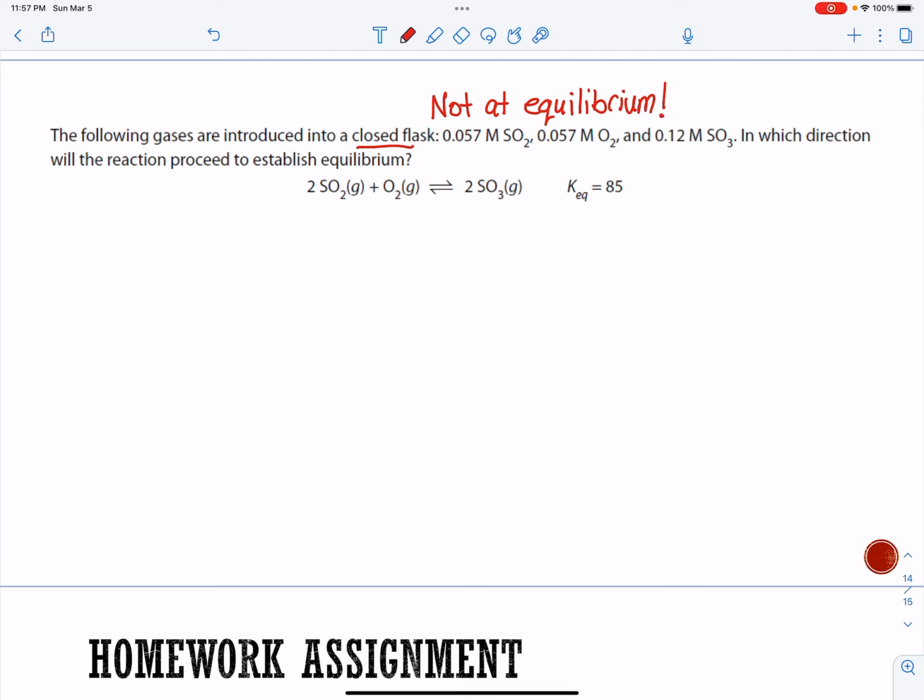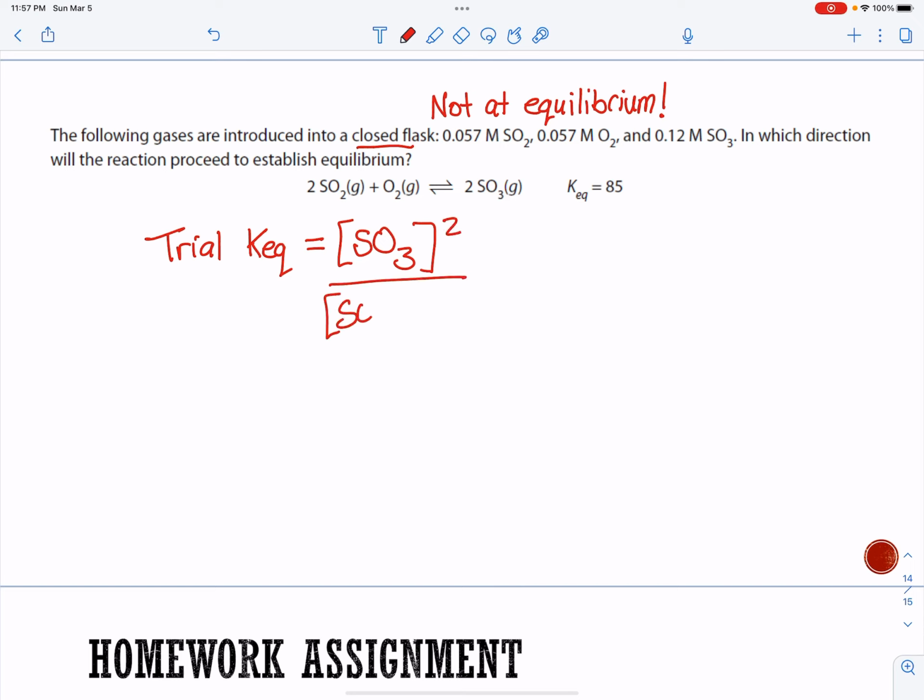So we're going to calculate a trial KEQ. And our trial KEQ is the same as a KEQ. We're going to take our products over reactants. So I've got SO3, we're going to square that, divided by SO2 squared multiplied by O2. So I'm going to substitute everything into this expression.